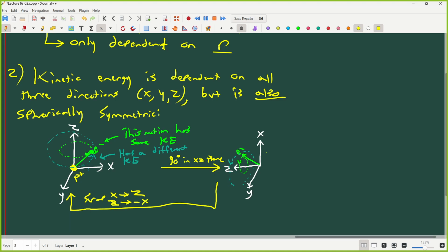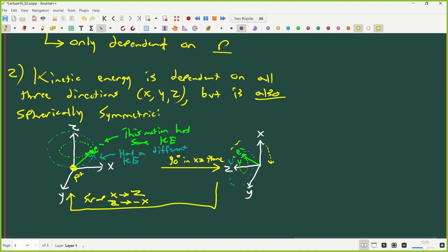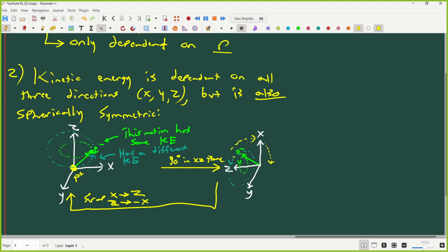What that's going to do is put the x-axis here and bring the z-axis up this way. The physics haven't changed. The only difference between this and this motion is I've just changed the labels of the coordinate system. I've just tilted my head this way. All I've done is rotate my eyes.